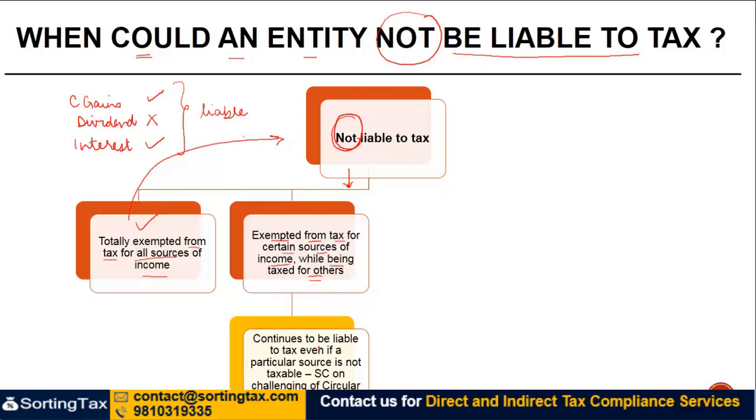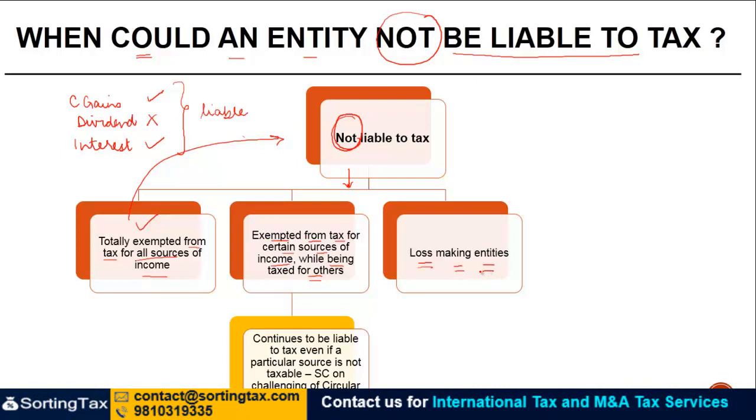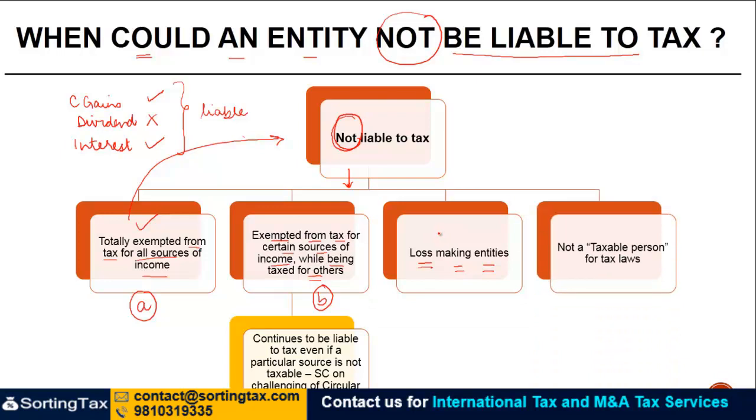It continues to be liable to tax even if a particular source is not taxable. Then, loss-making entities: it doesn't make a difference whether you make a loss or a profit. You have to see whether you fall under category A or category B. If you are generally liable to tax, just because you made a loss in a particular year is not going to make you ineligible to claim the treaty benefit.